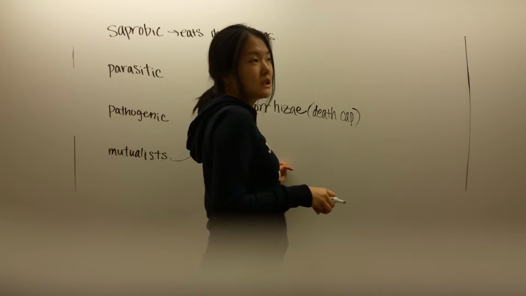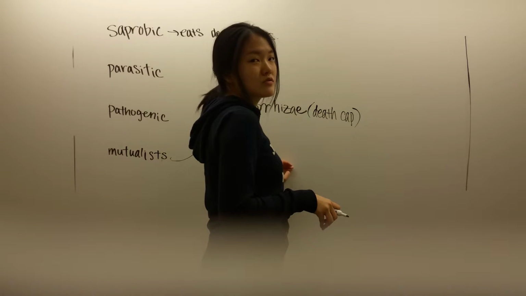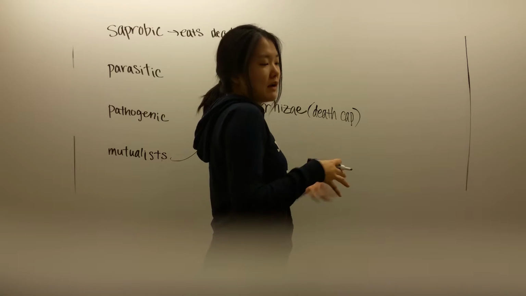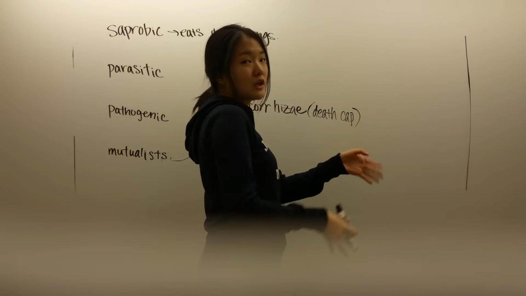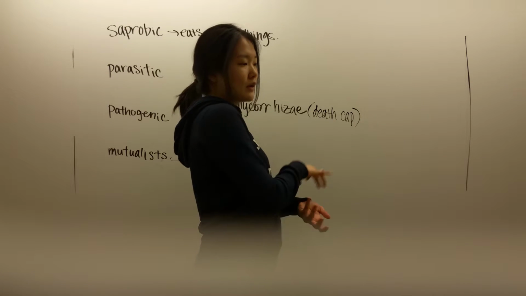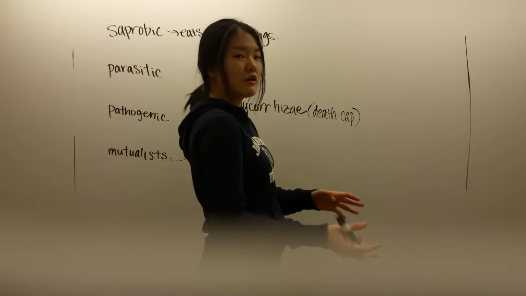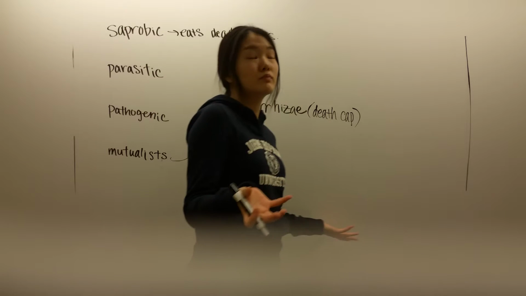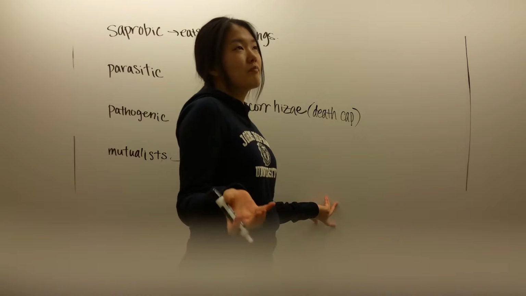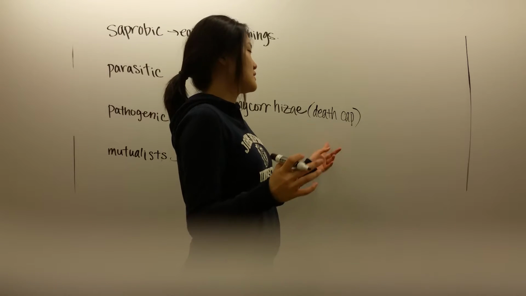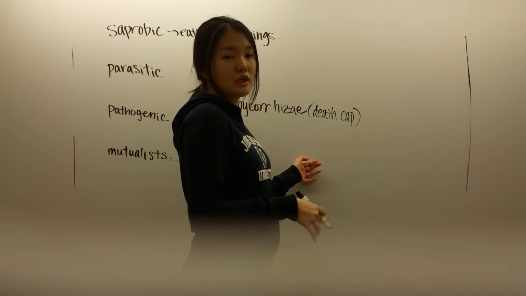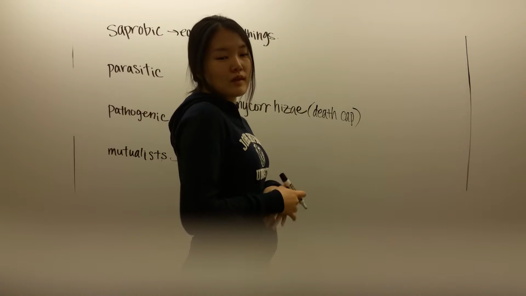Their mycelial body structure wraps around the roots of the tree, and that provides more surface area for water to get in. So that's how the tree benefits. But the fungus itself is also taking nutrients from the tree, so it's mutualistic.